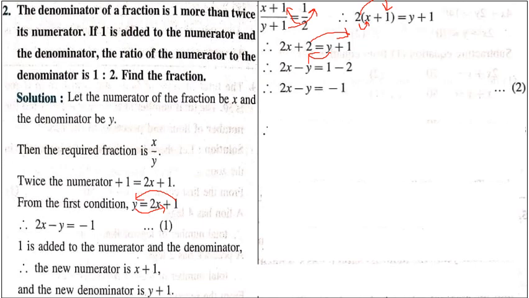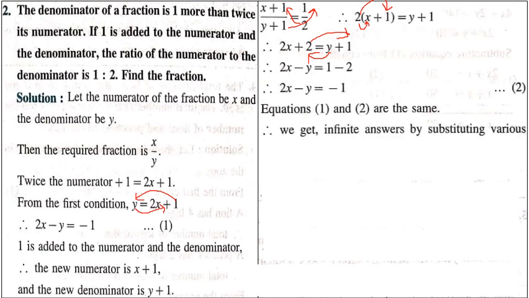Now we have to simplify them by the elimination method. So equation 1 and 2 are the same. We get infinite answers by substituting various values of x because the equations are the same for both the conditions. So in this sum, you can presume any of the values.